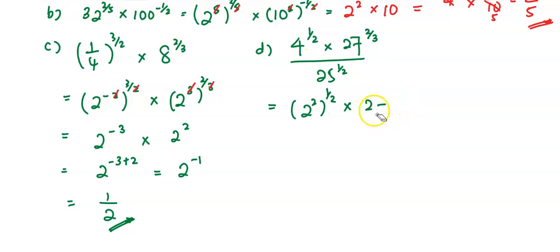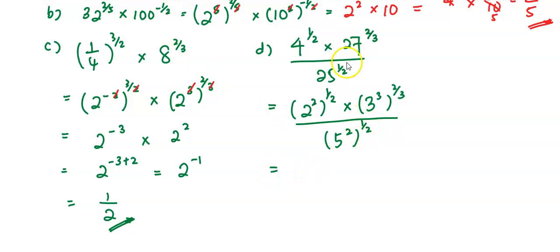So for 27, you have to get used to it, 27 can be converted into 3 power of 3, and this is power of 2 over 3, according to the question. And 25 is 5 power of 2, and it's going to be power of 1 over 2.